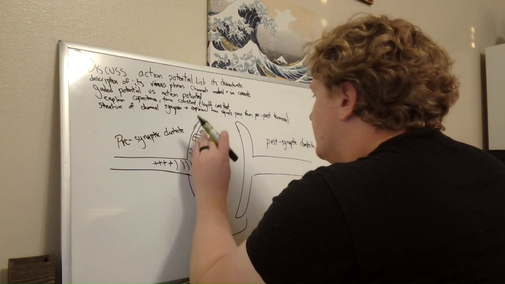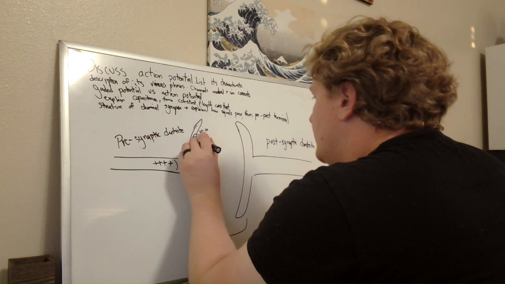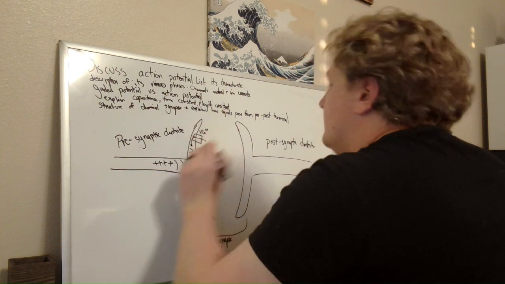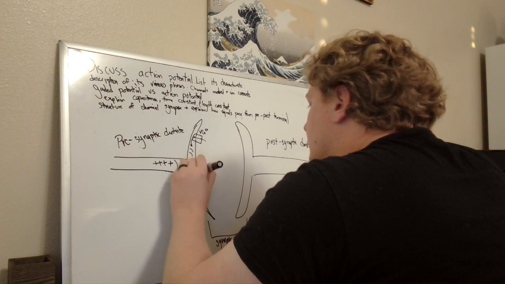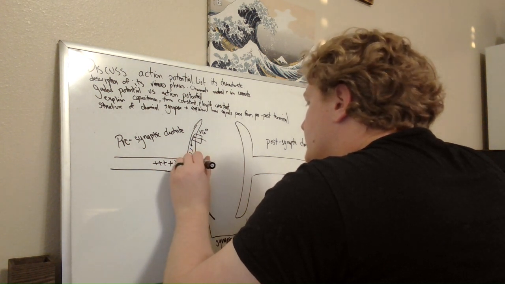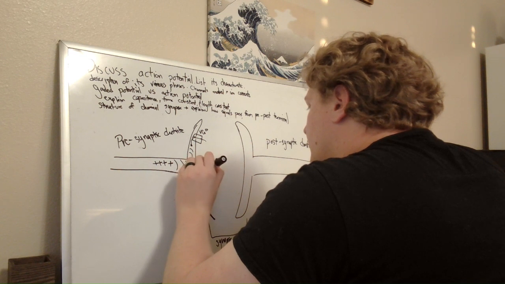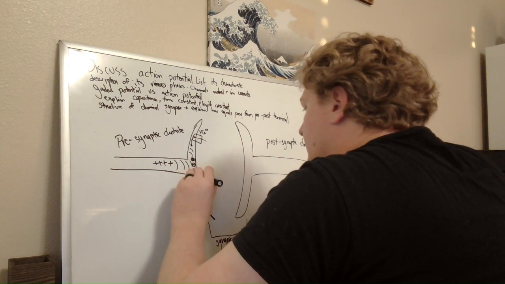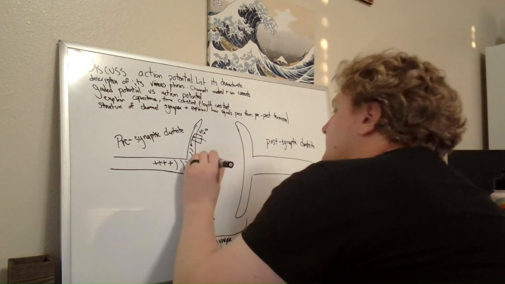Calcium will enter into the cell or this neuron, and then that will cause a chain reaction where these vesicles, which are filled with neurotransmitters, go through a process of exocytosis and bond with this membrane here, and then they will enter into the synaptic cleft.